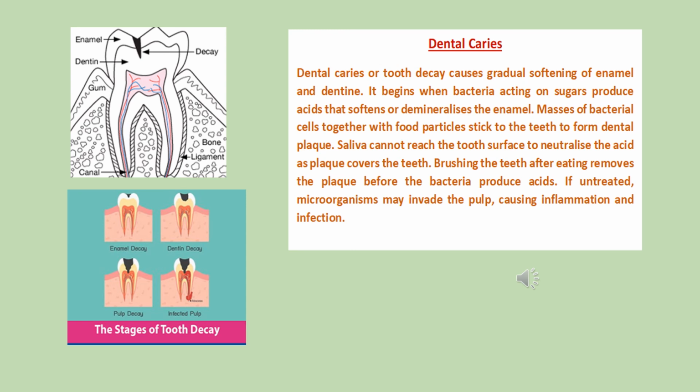Saliva, due to this deposition, cannot reach the tooth surfaces to neutralize the acid. Therefore, the process of demineralization continues and finally it causes the formation of cavities, pulpitis, inflammation and so on. So it is very important that one should maintain good dental hygiene by brushing twice a day.